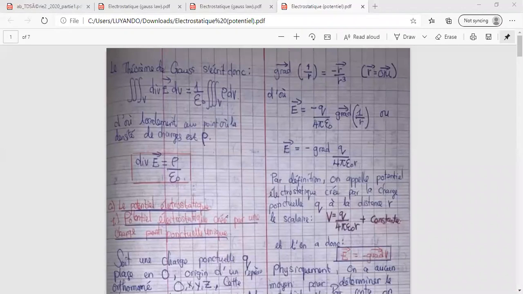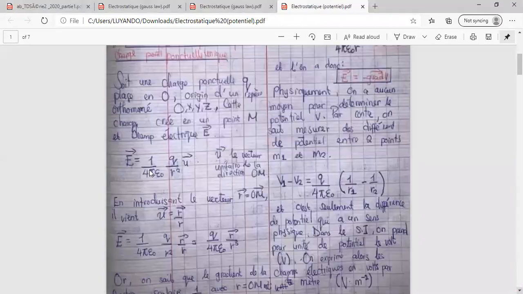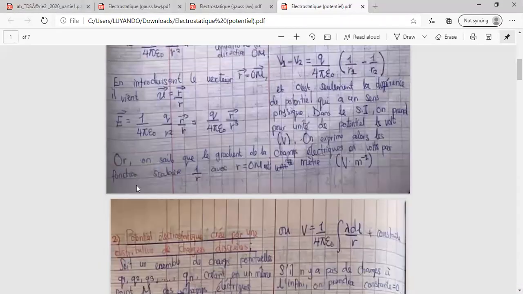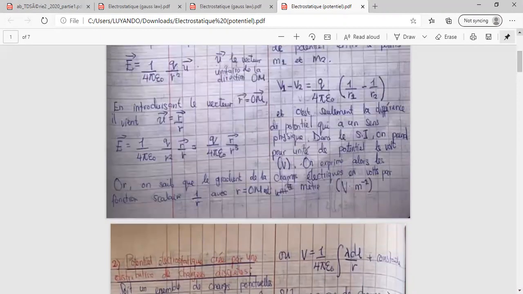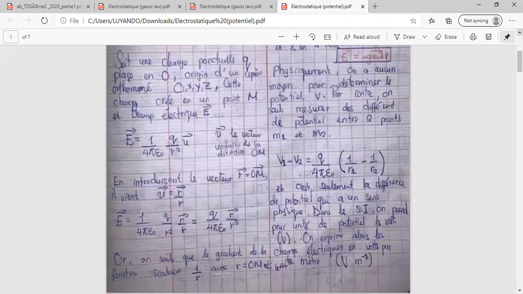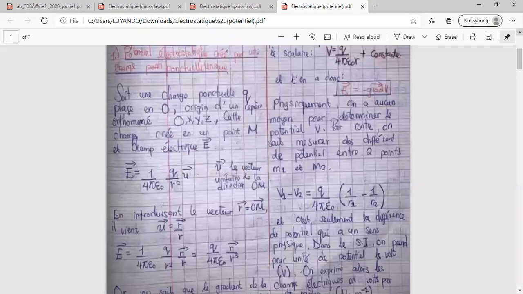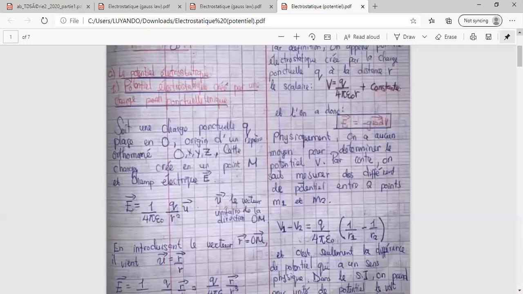Down here, I have: on sait que le gradient de la fonction scalaire 1/R avec R is equal to OM. So now we've introduced the gradient, and we're trying to find the gradient of the scalar function 1 over R. So how do we find the gradient of this scalar function 1 over R?